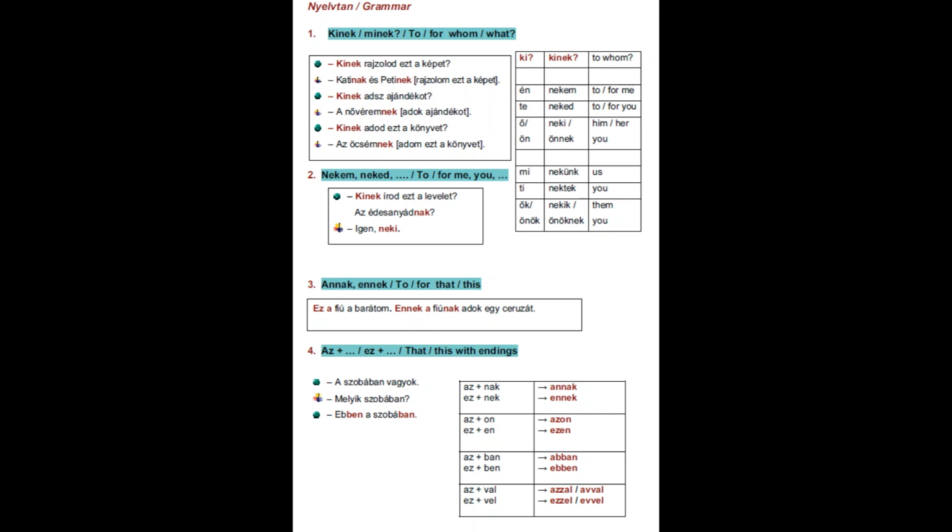Same thing with "ez," which is this, something closer to me here. "Ez" plus "nek" is "ennek." So it is for this. So "annak" is for that or to that. "Ennek" is for this or to this.